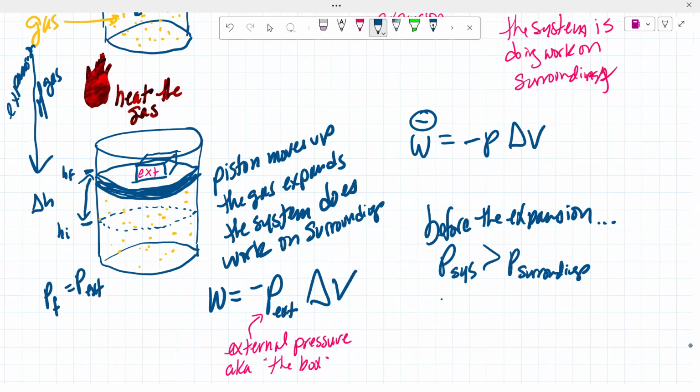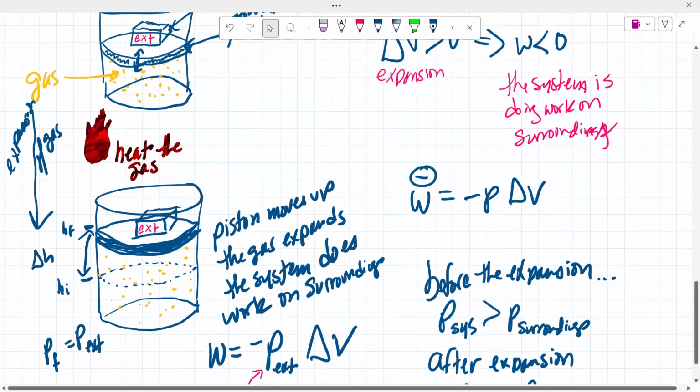After the expansion, what will happen, right? P external will be equal to the P final.